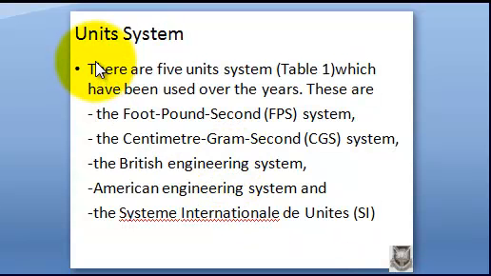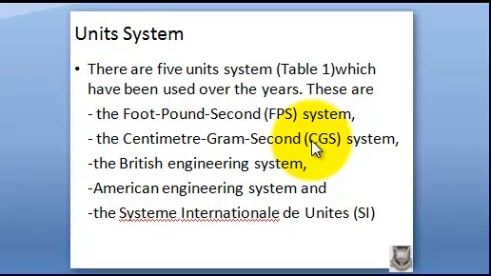Unit system. There are 5 unit systems which have been used over the years. These are the foot-pound system, which is referred to as FPS, the centimeter gram second, which is CGS system.